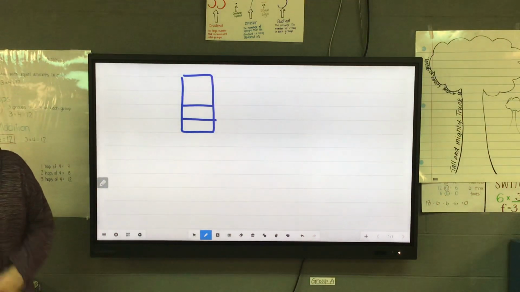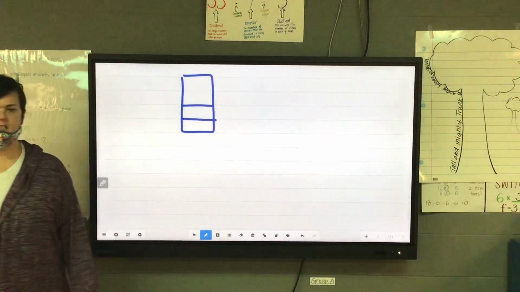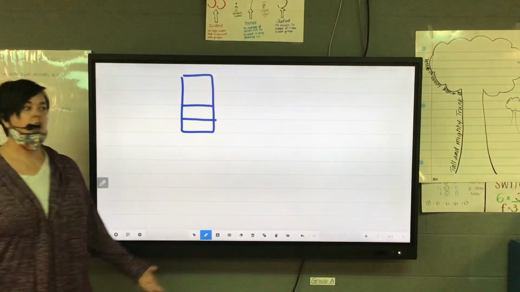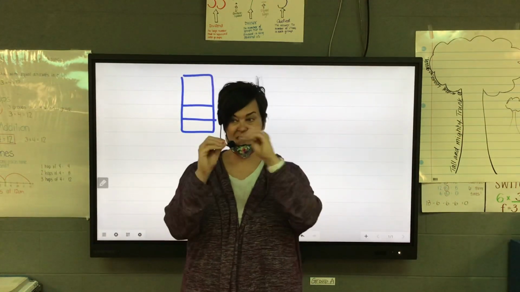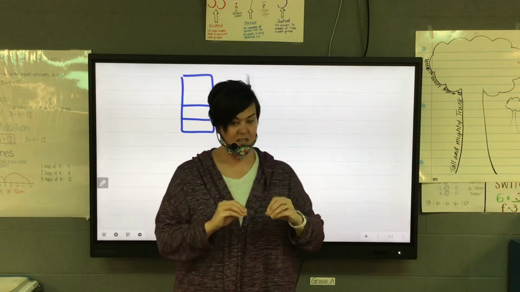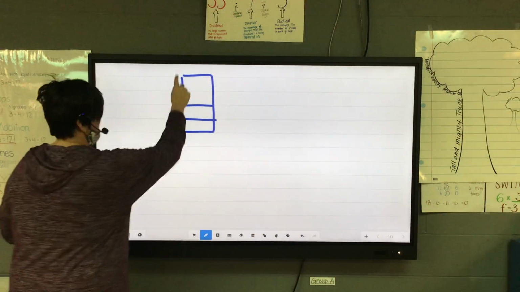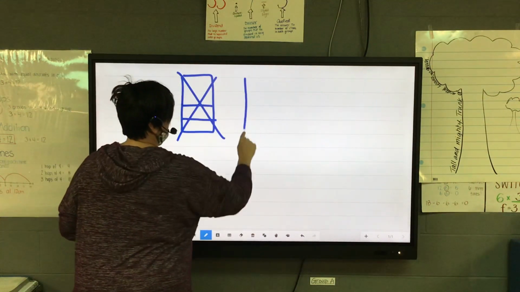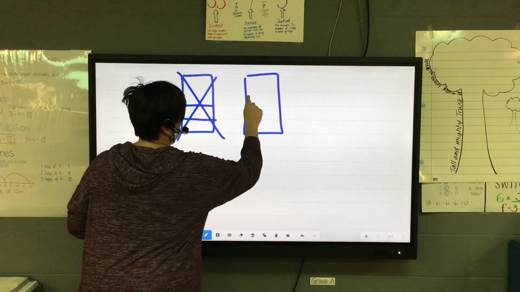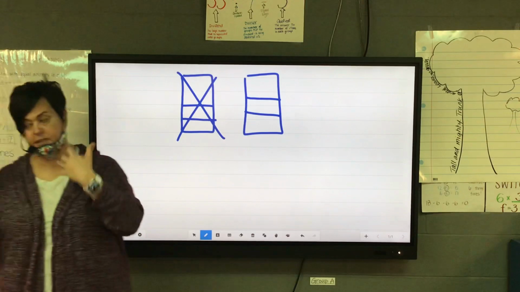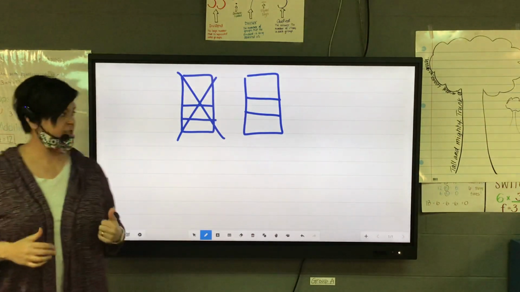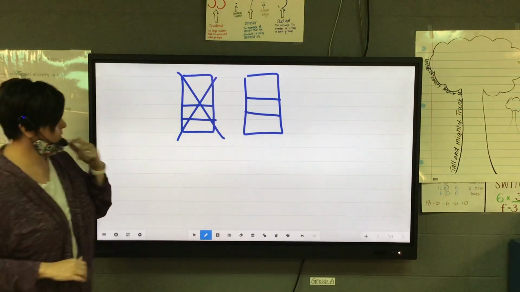No. But there's 3 parts. But they're not equal. Do they have to all be the same size parts? Yes. Okay. What if I did it like that? Is that closer, as good as I can draw things correctly? Yes.